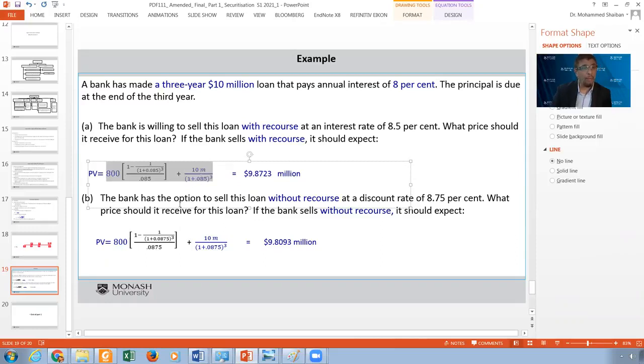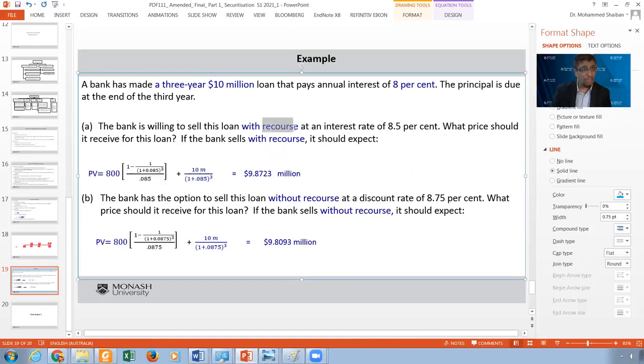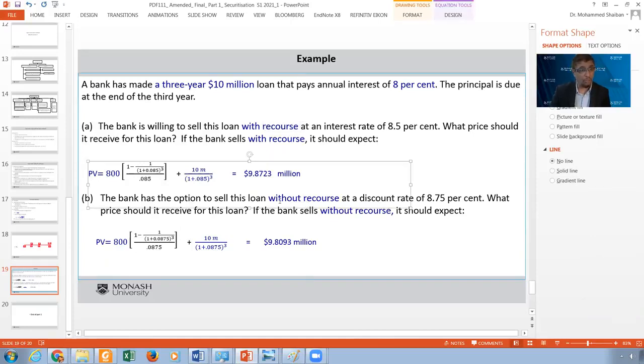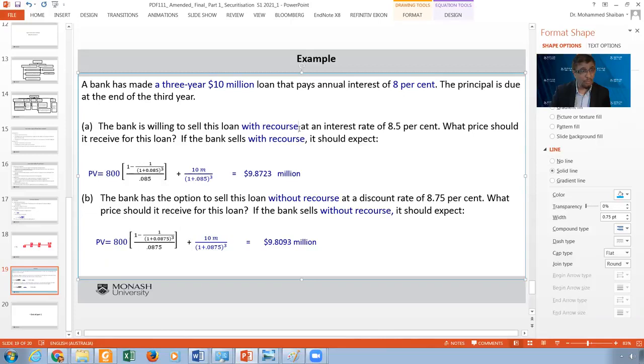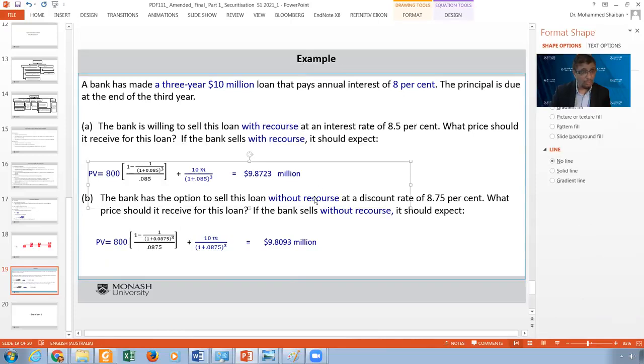Now, there is something called selling with recourse or selling without recourse. I remind you, this is participation, and this is assignment arrangements.